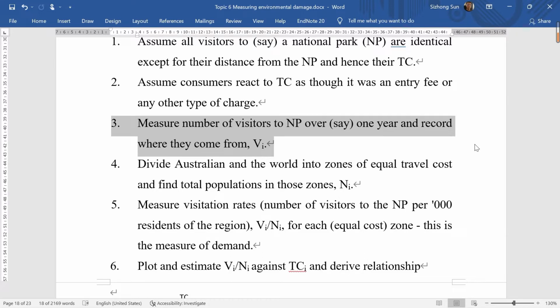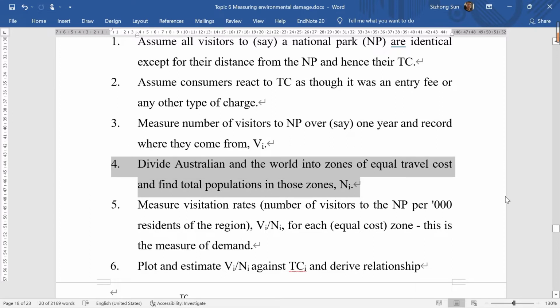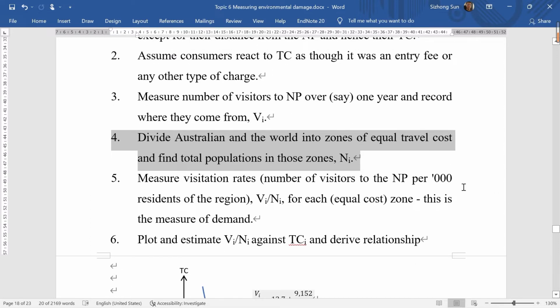Some people may come from ACT, some people come from Queensland, so on and so forth. Step 4, we then divide Australia and the world into zones of equal travel costs and find the total population there. Suppose there's a zone of Canberra, and this year our record shows that there are 1,000 people coming from Canberra to visit the national park.